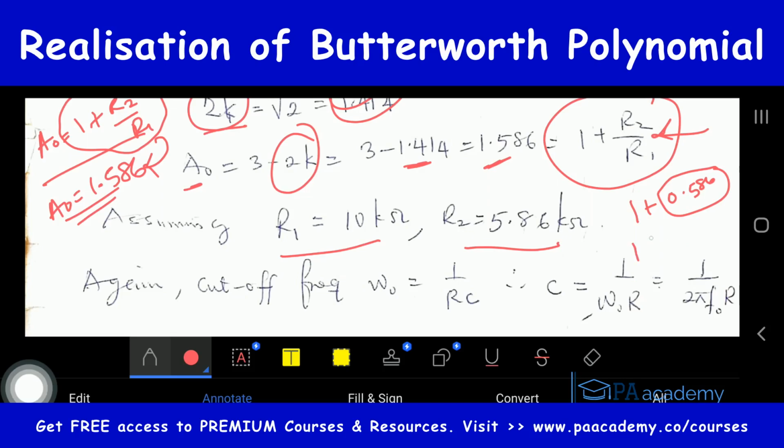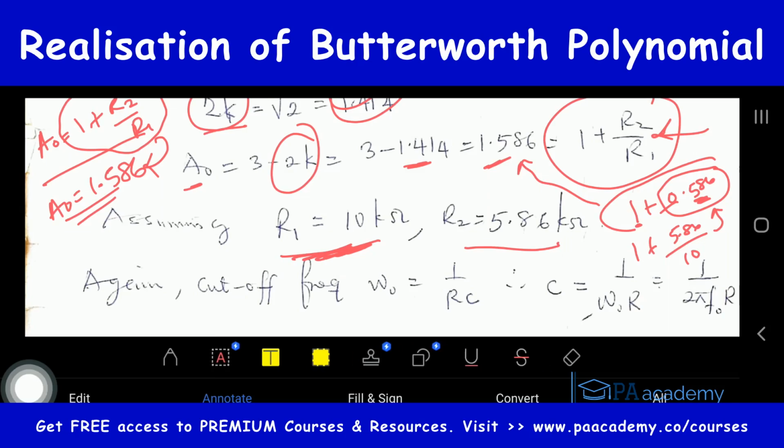So that's going to be 1 plus 5.86 divided by 10, which gives us 0.586, and if you add this together you still get 1.586. The only major assumption you are making is that R1 is 10 kilo ohms, then R2 is a value that, once you divide it by 10, still gives this value here. Don't forget this one. I hope that makes sense.